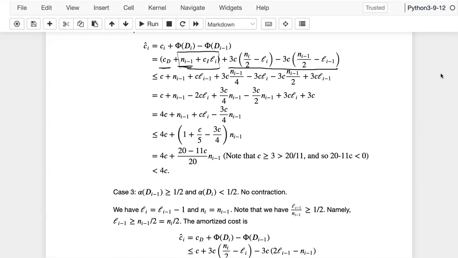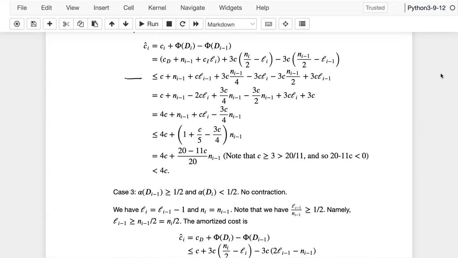When we move them over, we have L sub i keys to move. For each such key, the expected cost is C sub I, including the probing and the other necessary steps. So the actual cost here is C sub D plus n sub i minus 1 plus C sub I times L sub i. So this is the form.